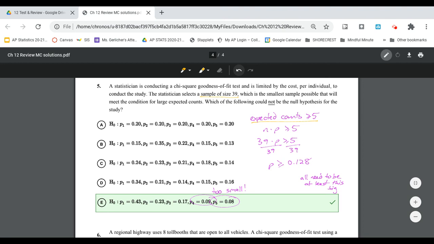So I just made a little equation: expected count is N times P. 39 is my N. I solve it, and I get that in order to fit our expected count condition, I need all of my proportions to be bigger than or equal to 0.128. So I just started looking through all my answers, and E was the only one that had any that were too small. All of them were bigger than 0.128, except for these last two. So that makes E the one that does not work.